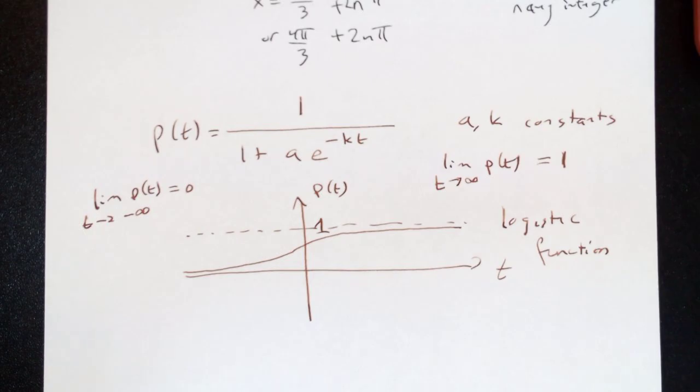Verhulst, I always screw his name up. Verhulst in 1876 was researching population growth and came up with this result. He used this not just as a model for population growth, but for information spread, for skill development. The best way to learn how to do something is to suck at it.